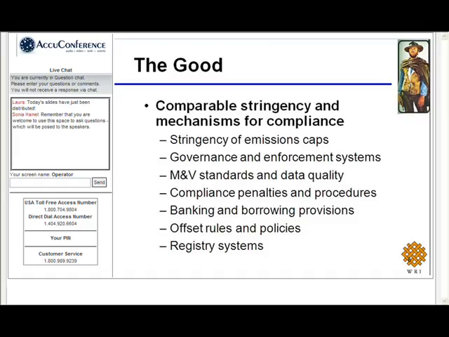Banking and borrowing provisions. The thing to keep in mind here is that if you have one system that allows banking, essentially you're going to have banking across the entire linked system. So it's certainly not a technical requirement that both systems allow banking and borrowing under the same terms, but it's going to help in terms of getting linking agreements.